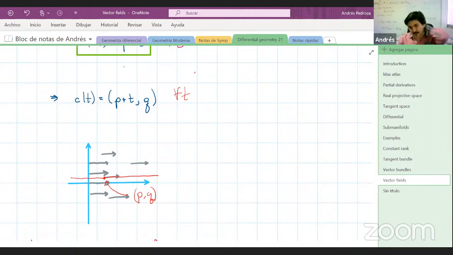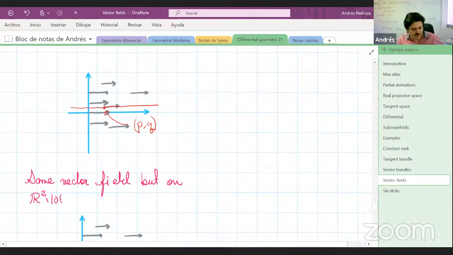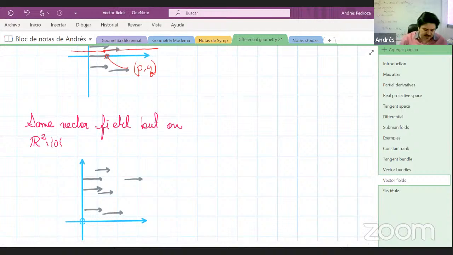Now, let me change the manifold a little bit. I'm going to remove the origin. And the vector field is going to be the same.